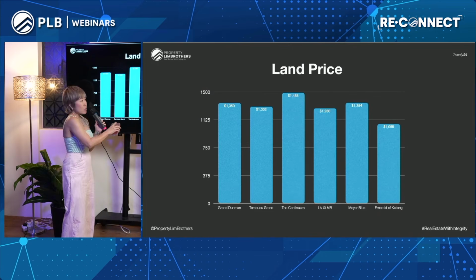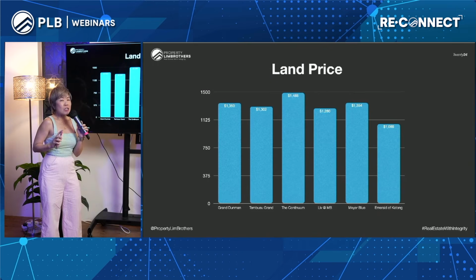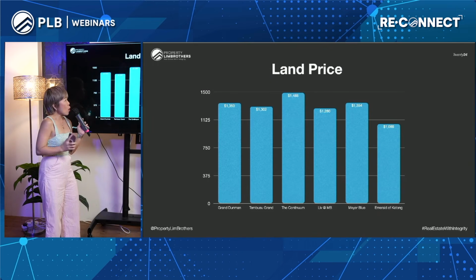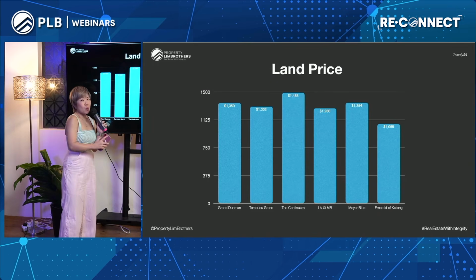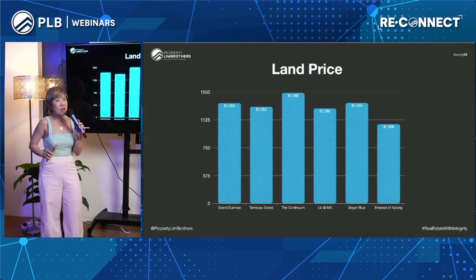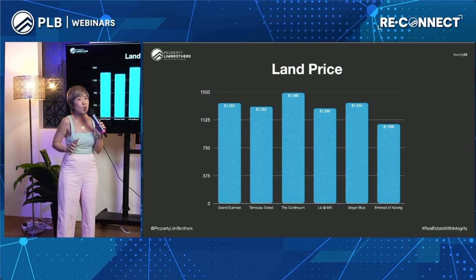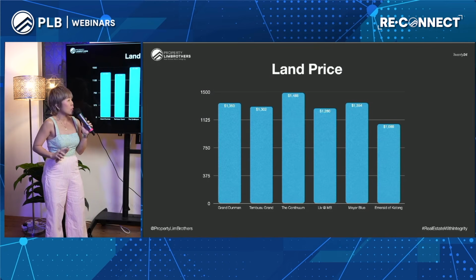When the developer successfully bids for the land, you can use the land bid price to get an idea of whether the new launch is something we can anticipate. For example, it's very clear that for Emerald of Katong, the developers bid about 200 to 300 PSF lower than the surrounding developments.